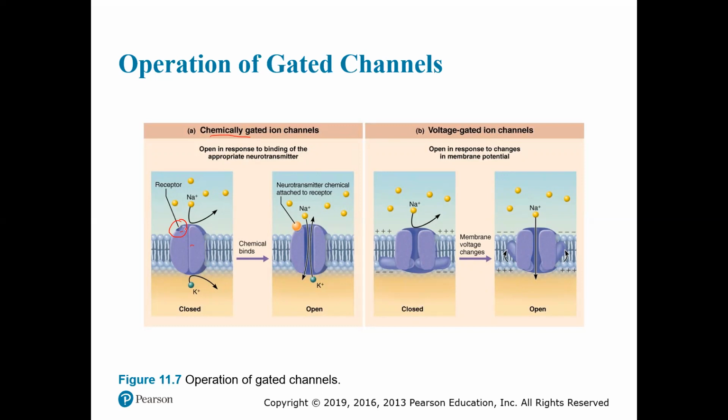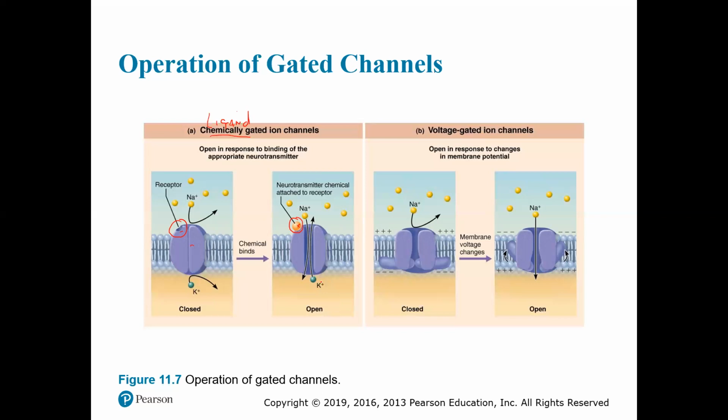So the receptor is basically part of a chemically gated ion channel, or you could also say ligand gated ion channel. And the ligand is the neurotransmitter, the chemical. So now we have acetylcholine present. Acetylcholine diffuses across the synapse or synaptic cleft, binds to its receptor, and then opens the channel.